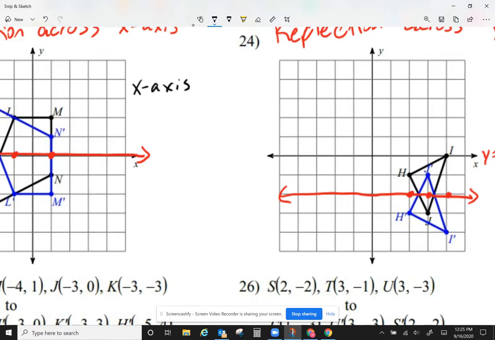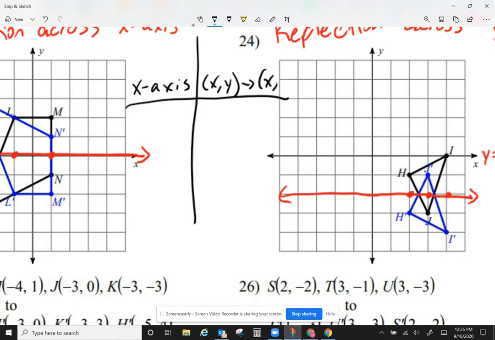If I reflect across the x-axis, my values of x and y are going to become x, negative y. So the numbers are not going to switch orders.